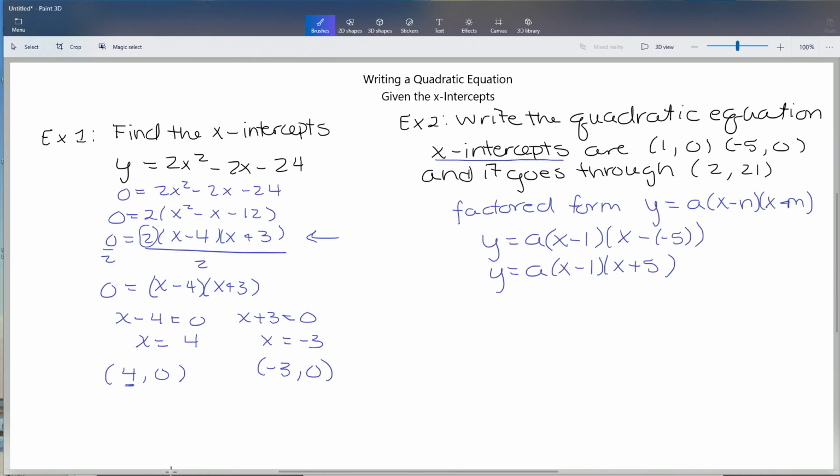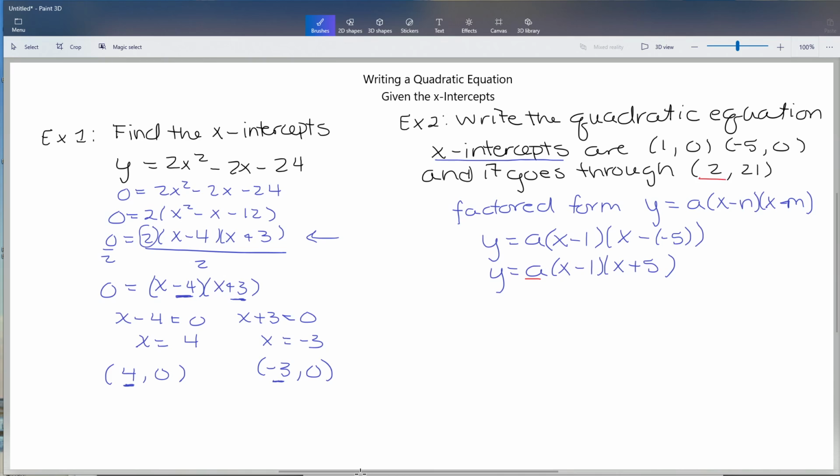When the intercept is positive, our factor has minus. When our intercept is negative, our factor has plus, okay? Now, that is all the information that we're getting from our x-intercepts, right? We know that it's going to be easy to write in factored form, and we know what those factors are going to be. Now, what we don't know still is what our a value is, right? We need to find this a value.